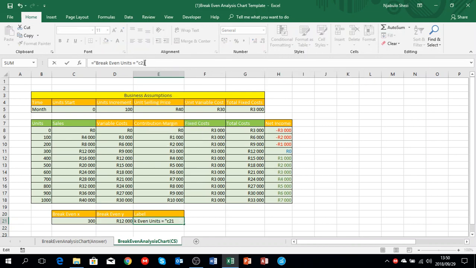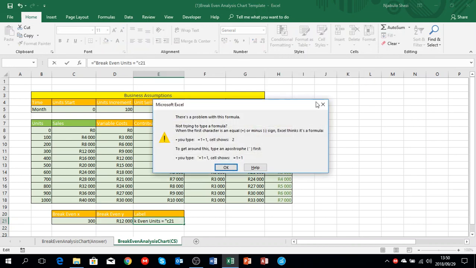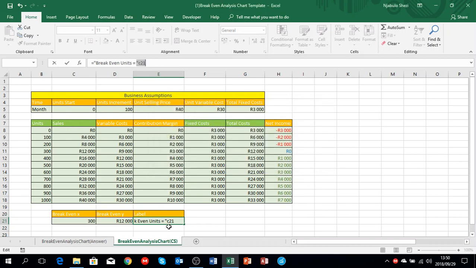Okay, C21. That seems to be the problem now. Oh no. There's no need to insert a text formula here, guys. Our break-even units is equal to 300 units.